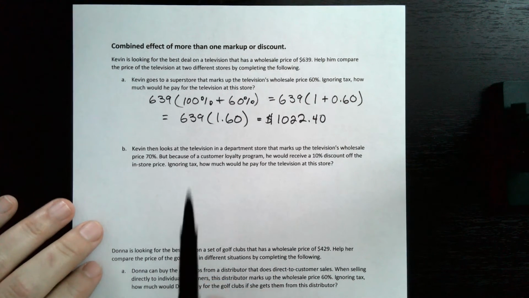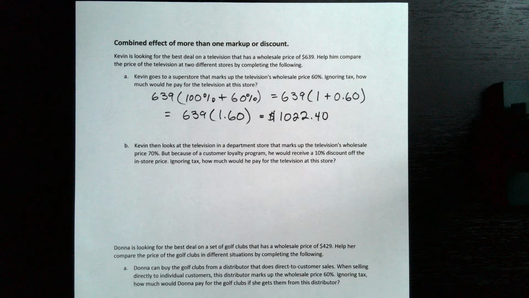Kevin then looks at a television in a department store that marks up the television 70%, but because of a customer loyalty program, he would receive a 10% discount off the in-store price. Ignoring tax, how much would he pay? Figure out what it would cost after the 70% markup. Then we can take 10% off of that number.